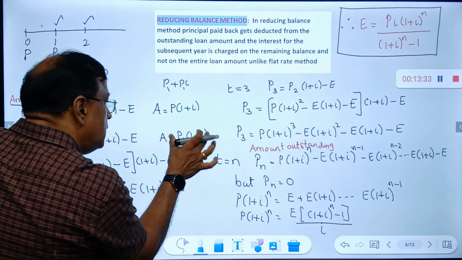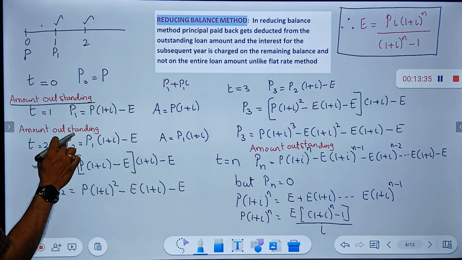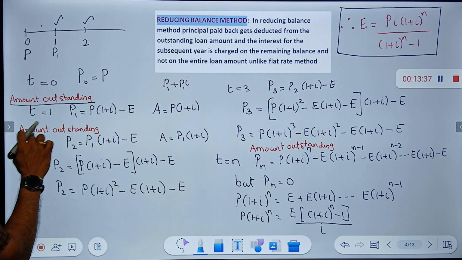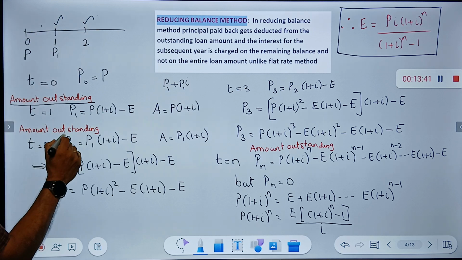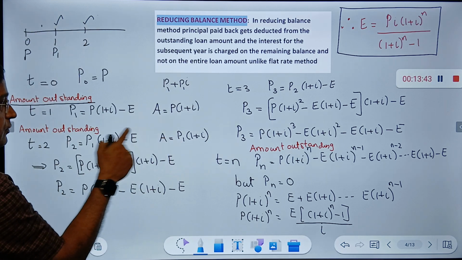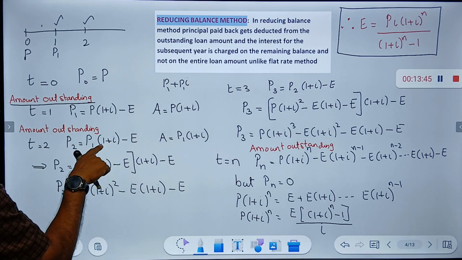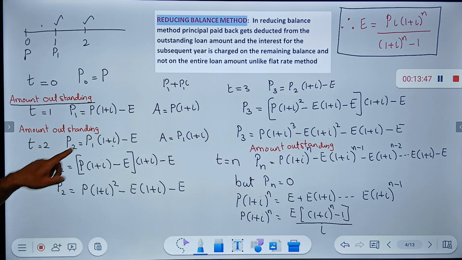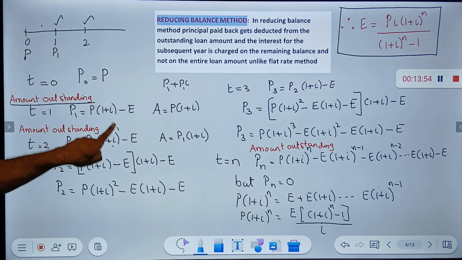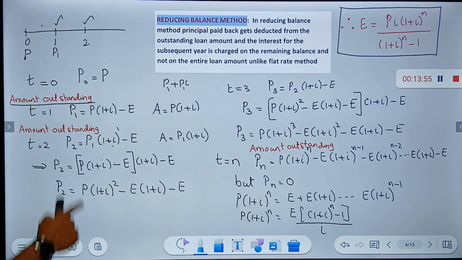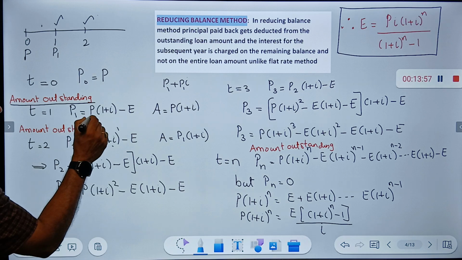Now what I will do? My new principal, the amount outstanding at the end of the second month, is P2 equal to, it is no longer P, it is P1 into 1 plus I minus E. Since the duration from P1 to P2 is 1 month, I write 1 here. Now what is P1? P1 I take from here.